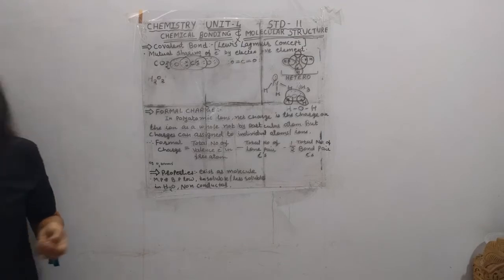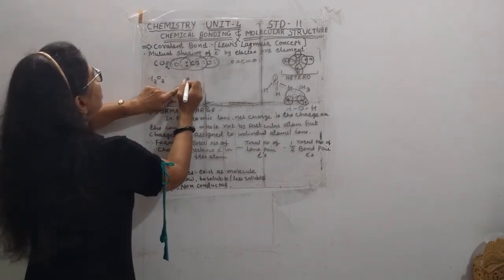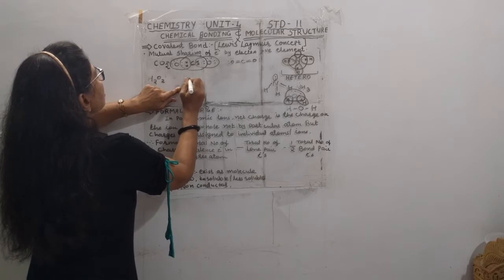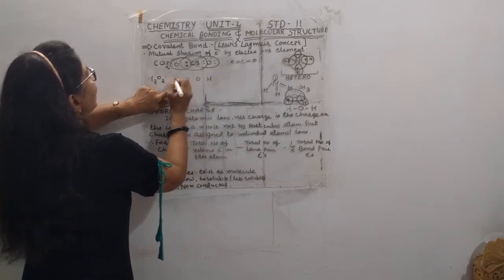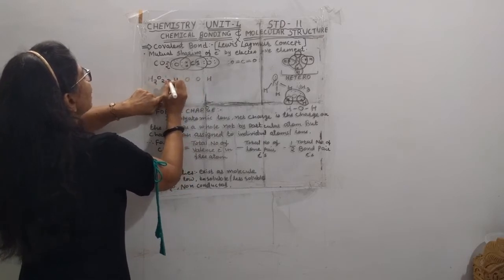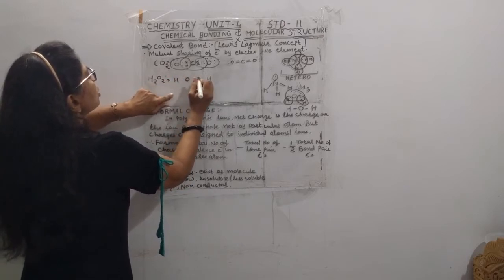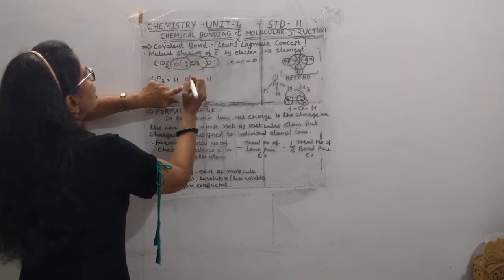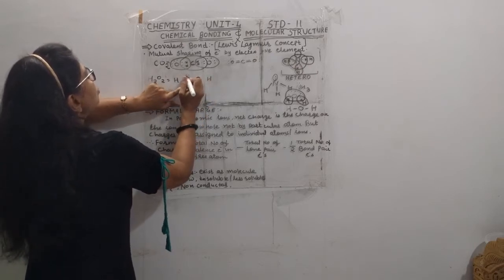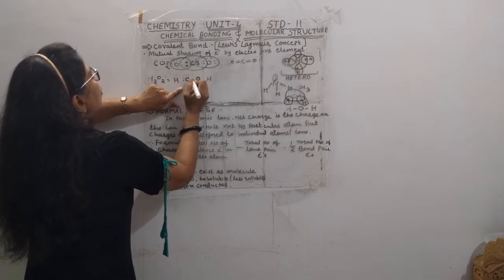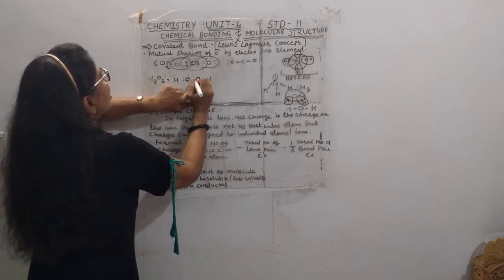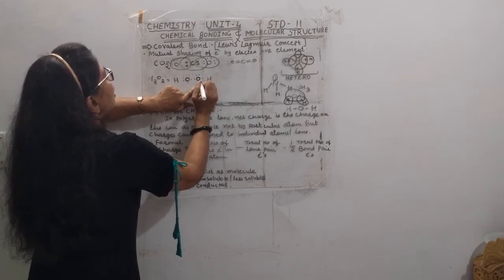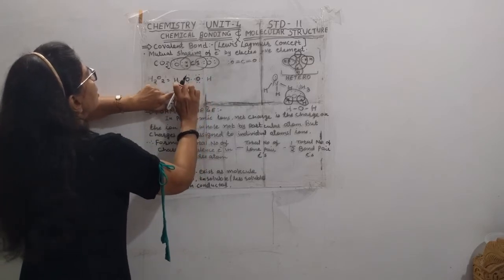So OH bond here, O, this is also O, here it is H, and here also it is H. So number of electron just draw for the oxygen, that is 1, 2, 3, 4, 5, 6. Same way 1, 2, 3, 4, 5, 6.